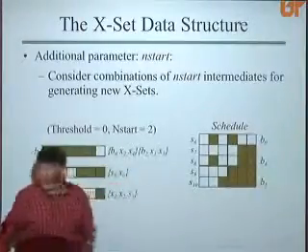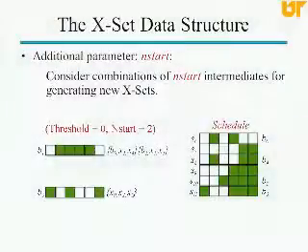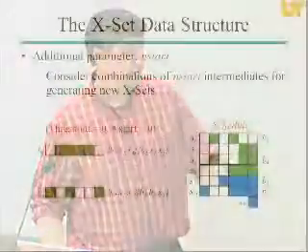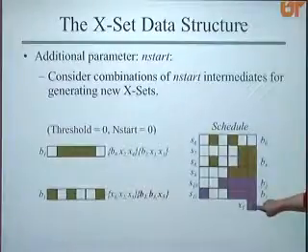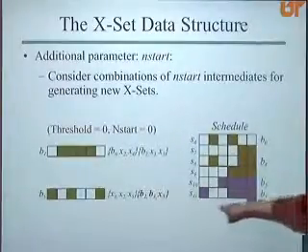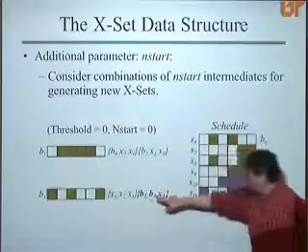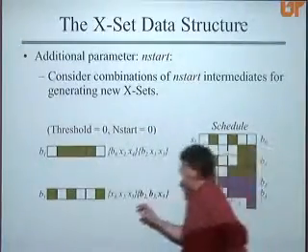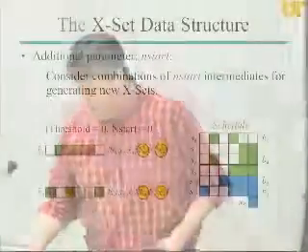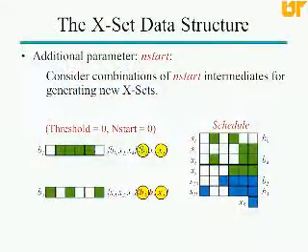And when I add a new element to the schedule, which I believe I do here, you'll note that if I take these 2 rows, add them together, and then add in X5, I get this target row. And that gives me an extra X set of the same size that I can add to the schedule. And the cool part about that is I've just added a common sum, which means I've just shrunk down, I saved myself an XOR.